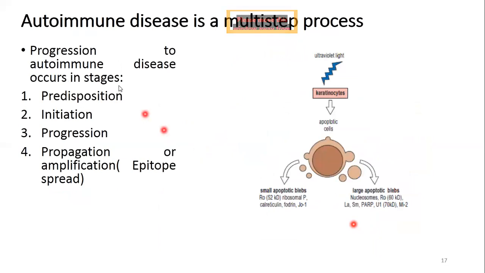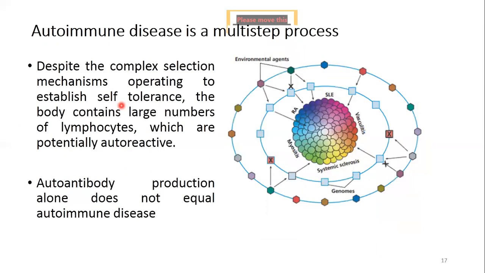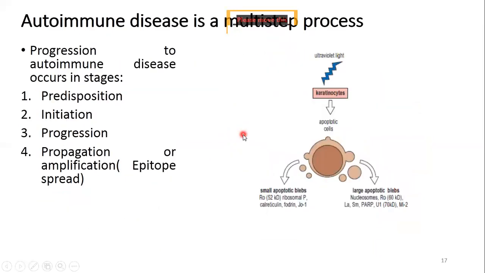It also occurs in stages, so it occurs progressively. For example, at first there's the predisposition, as we talked about. There should be genetic and environmental predisposition. There should be an initiation process, so there should be something that leads to an inflammatory process and organ damage, or the allocation of the antigen and initiation of immunity.